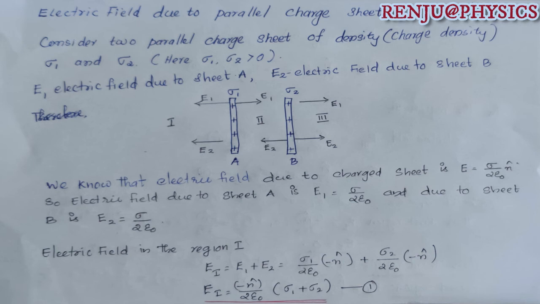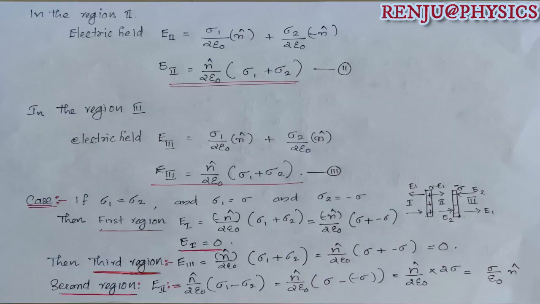It means it is acting towards the left side, plus sigma 2 divided by 2 epsilon 0 minus n cap. Here minus n cap and 2 epsilon 0 are common, so we take them outside, and we get the electric field in region 1 equal to minus n cap by 2 epsilon 0 times sigma 1 plus sigma 2. That is the equation for the electric field in region 1.